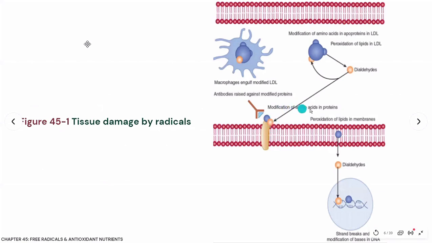So this is peroxidation of lipids in the membranes. And it forms dialdehyde. The dialdehyde, similar to that one, can also affect your nucleic acid, specifically your DNA. That's your DNA here. Okay?